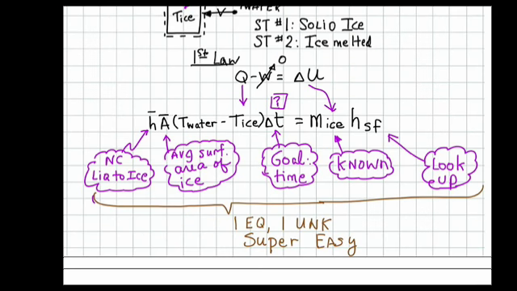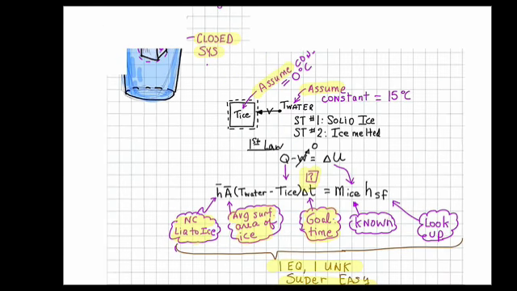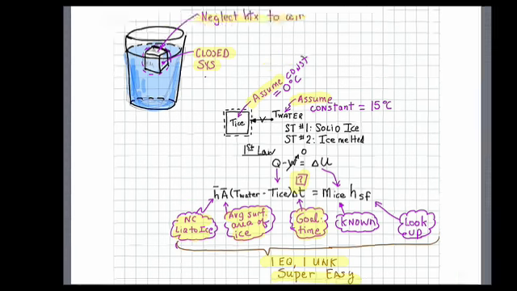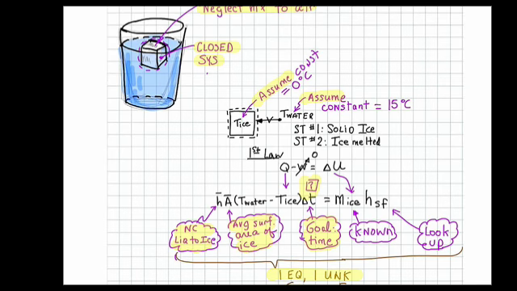Now right here I've talked about how I would analyze each term, and notice my goal appears right here. And when I go through that term-by-term analysis, I have one equation, one unknown. Super easy. And the knowledge needed to solve this problem, one typically can find in a chemistry book, that'd be a freshman chemistry book or a freshman physics book.